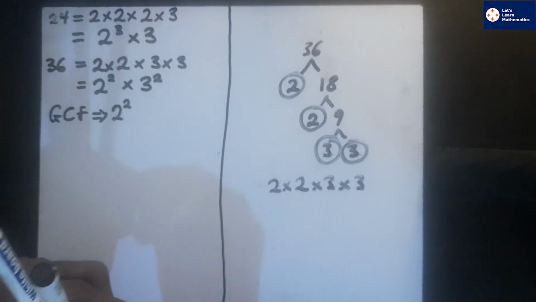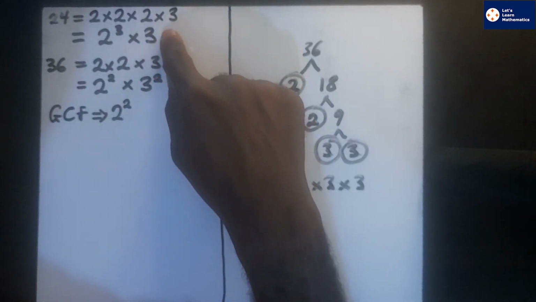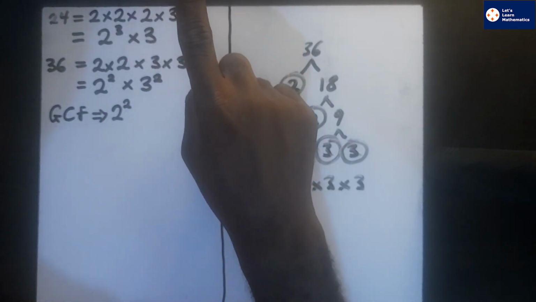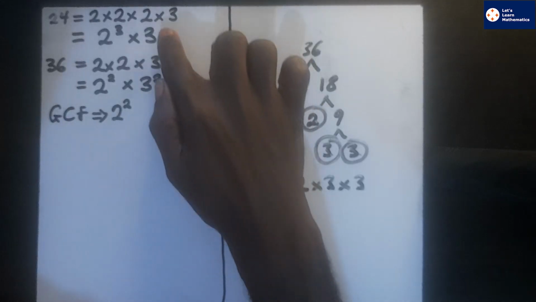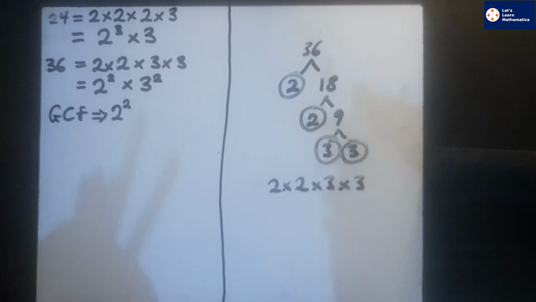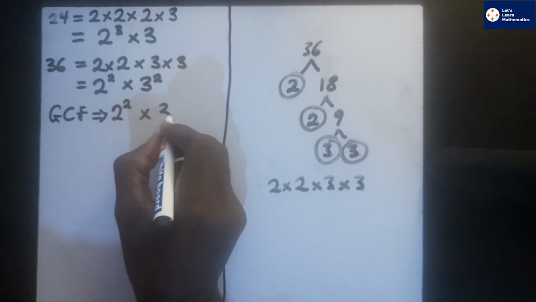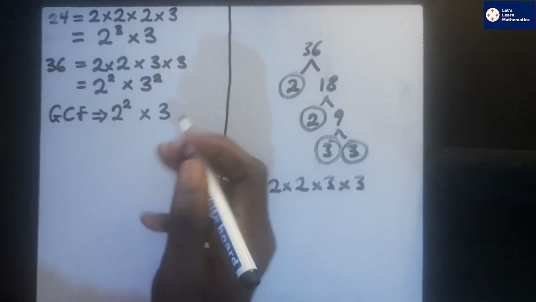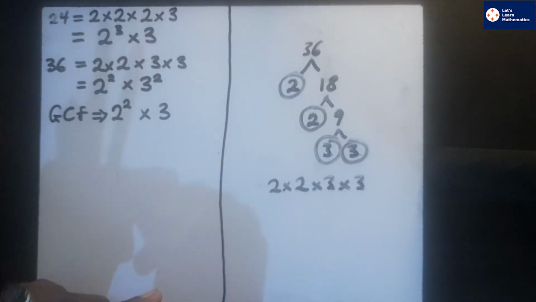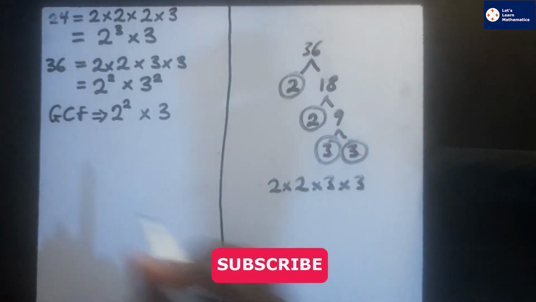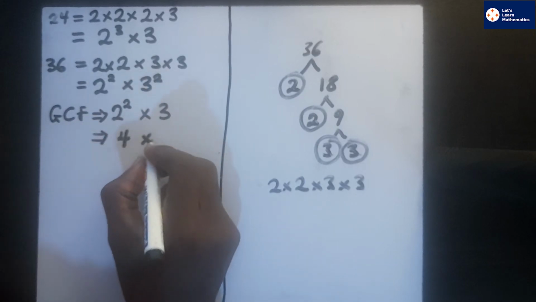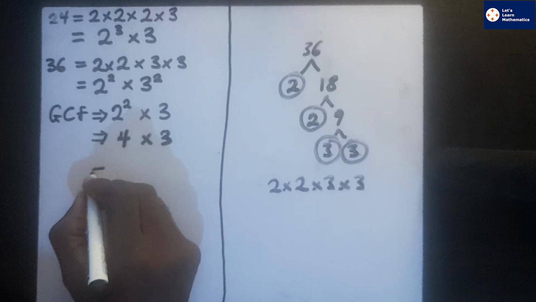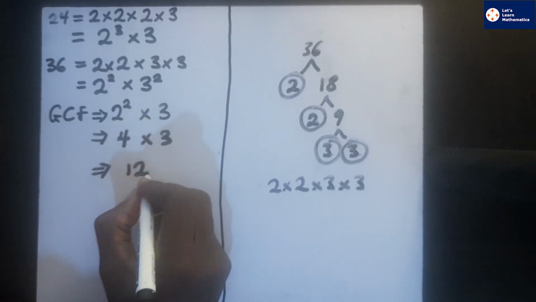Then we look at 3 as well. Here it is just 3 to the power 1, but here it is 3 to the power 2. So we have to take this one, times 3. 3 to the power 1 is the same thing. So our greatest common factor is going to be 2 squared, which is 4, times 3. And 4 times 3 is 12.